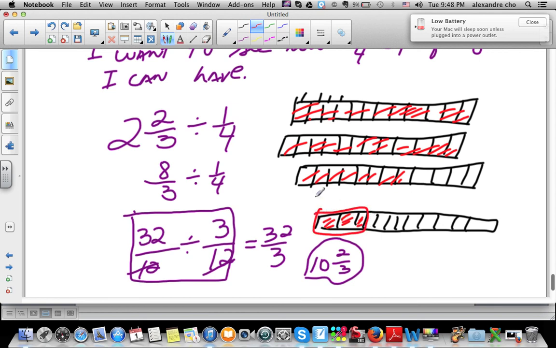So how many times can this group of 3 fit in the above? 1, 2, 3, 4, 5, 6, 7, 8, 9, 10. I can make 10 groups of 3, and I'm trying to make another one, but I can't make a full one, but I can make 2/3. There we go with pictures.